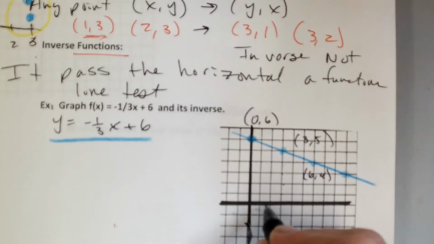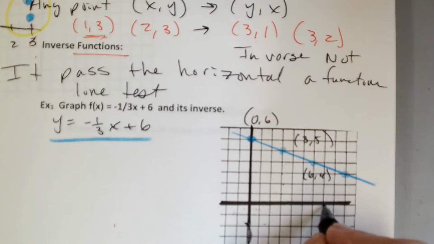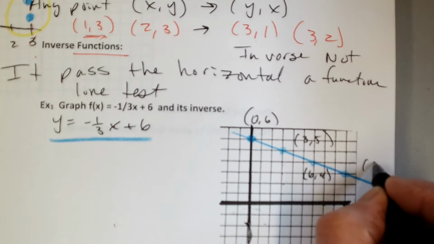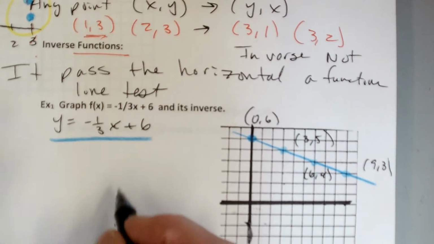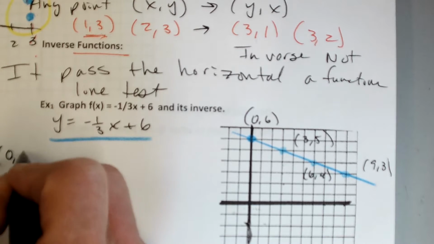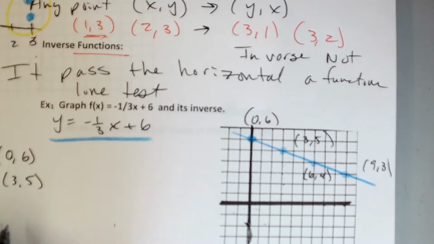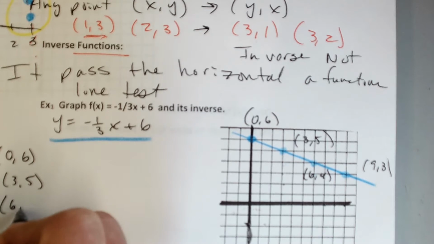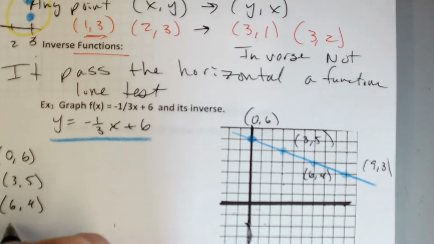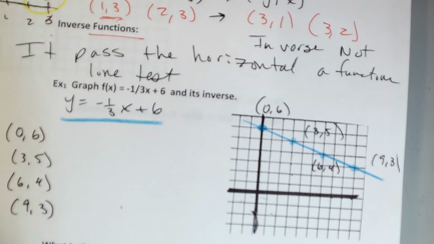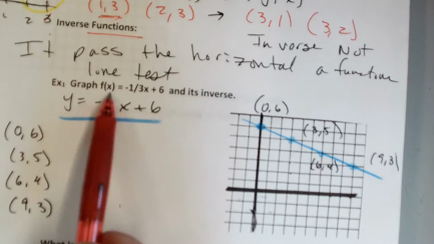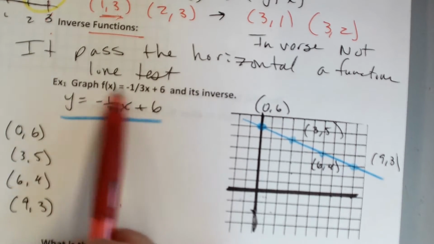This is a point at 9, 3. So my points are 0, 6; 3, 5; 6, 4; and 9, 3. What I did is I graphed my regular line.